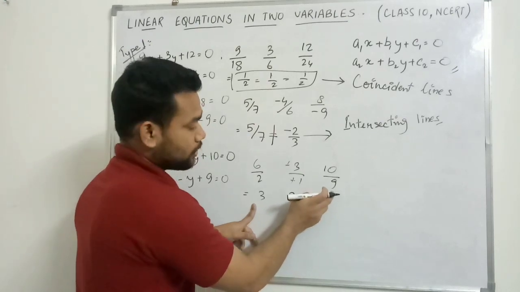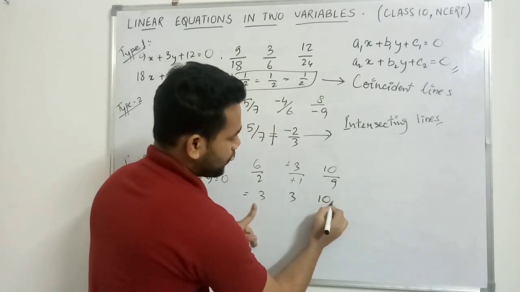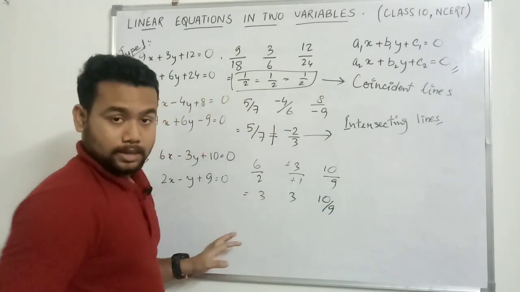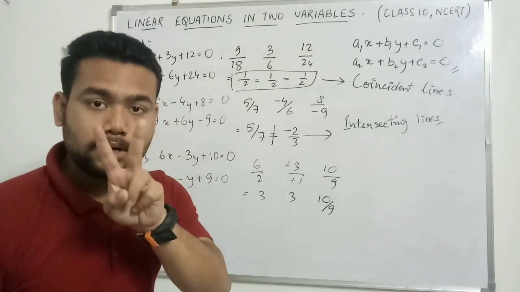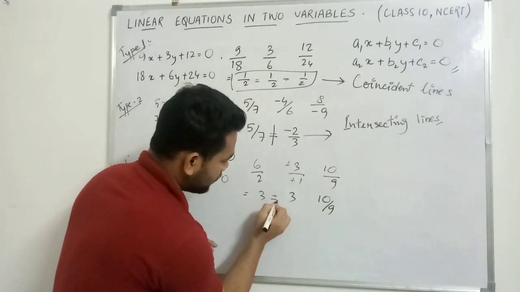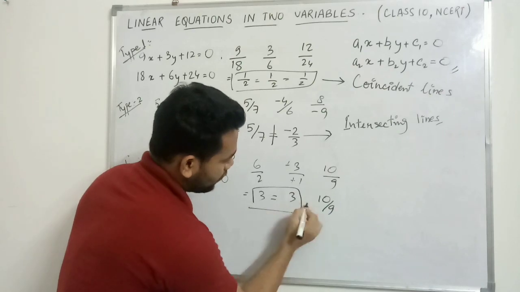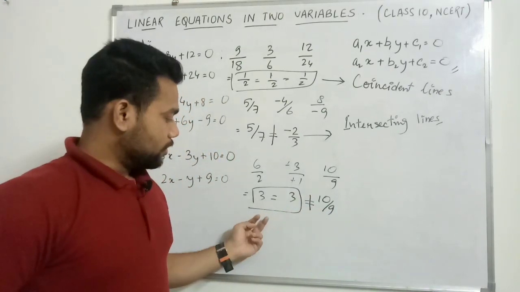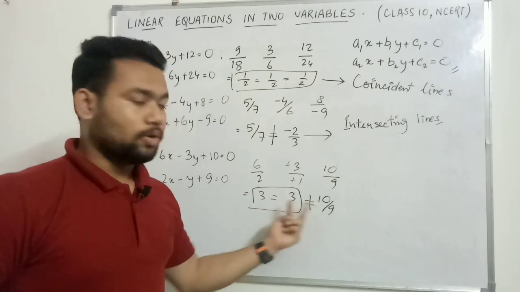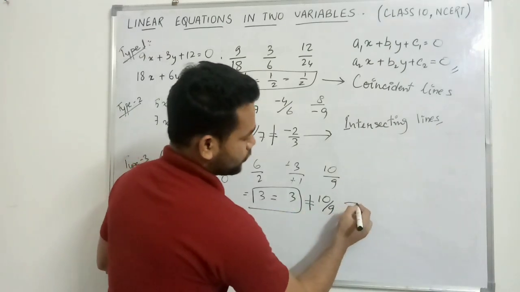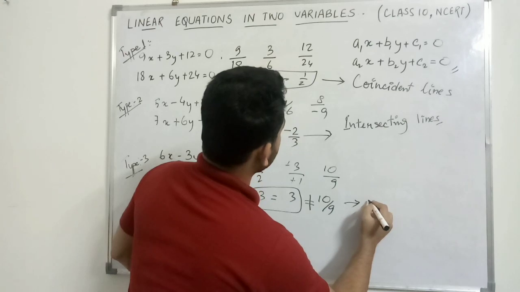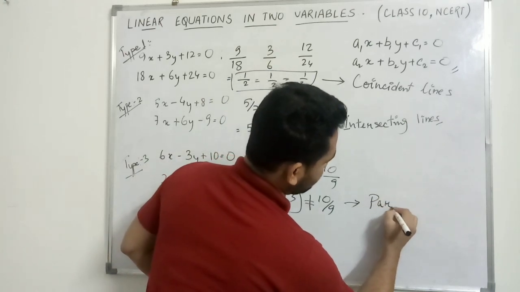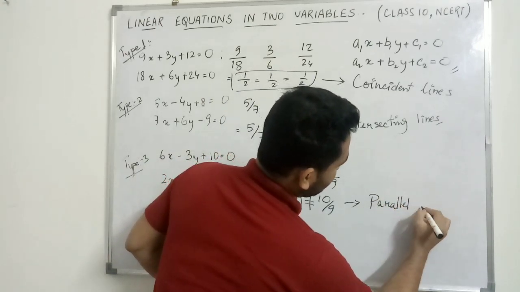And the third one is 10 by 9. See, here two ratios are equal, but the third one is not equal. Whenever two ratios are equal and the third is not, the lines are known as parallel lines.